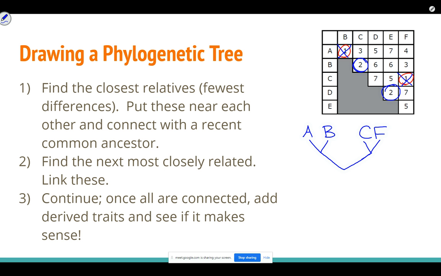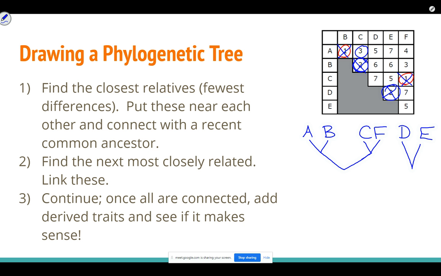The other one that was pretty closely related here, so I just added this one, D and E are also fairly closely related, and we haven't used either of those yet. So we're going to put D and E over here and say that those two only have a couple differences, so they're probably pretty closely related to each other as well. Then you look at number 3, and some of these we've probably already done. So we did this one.